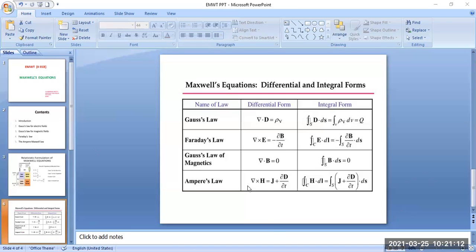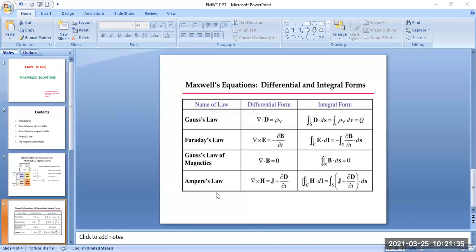So we can apply the Stokes theorem for this del cross H bar. We get the integral over L of H bar dot dl bar is equal to the integral over S of J bar plus dou D bar by dou T into ds bar.